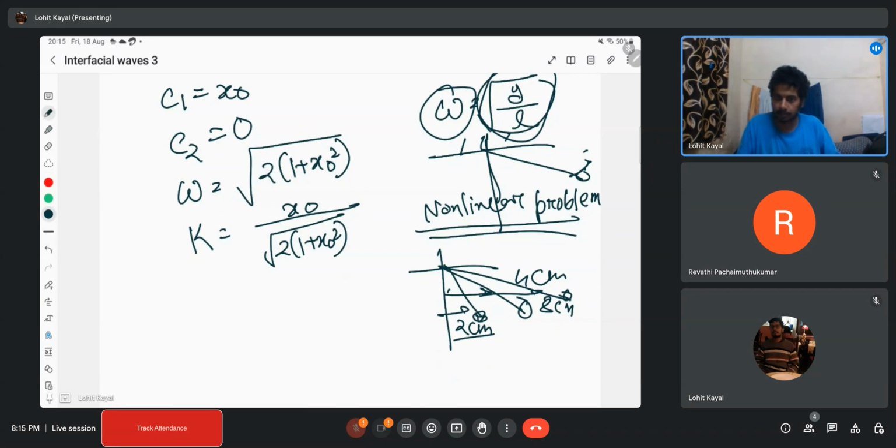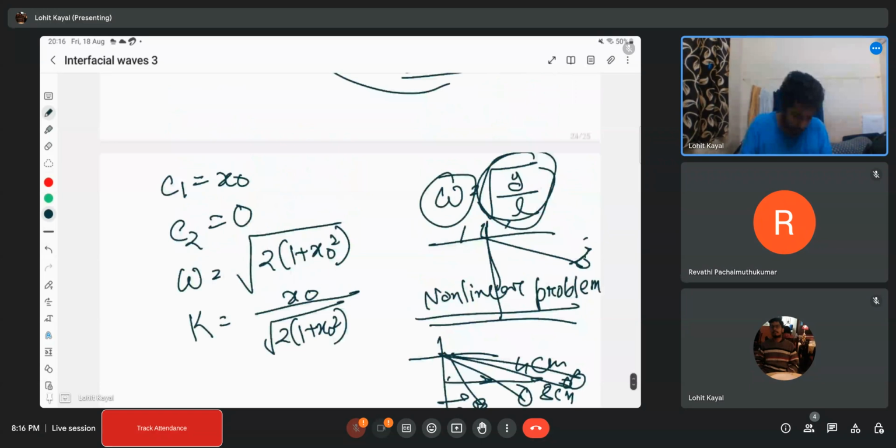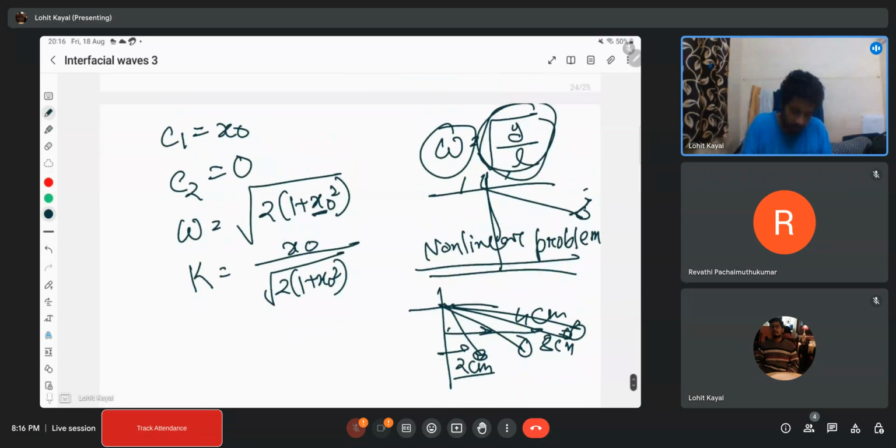But that is absurd, right? Because when you perturb it by a significant amount, the oscillation will be much faster.